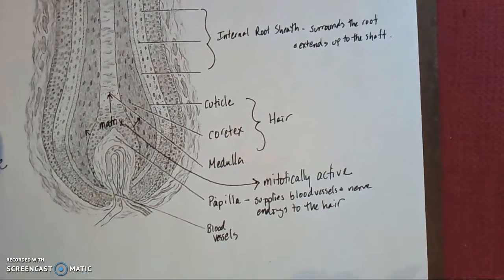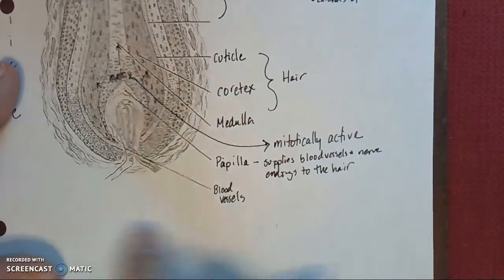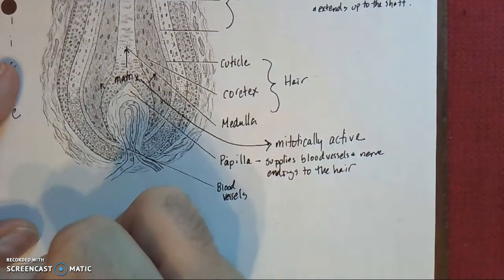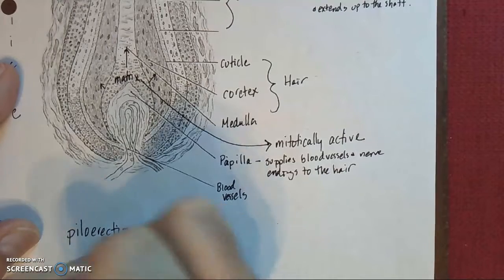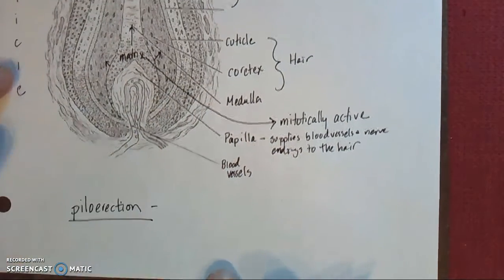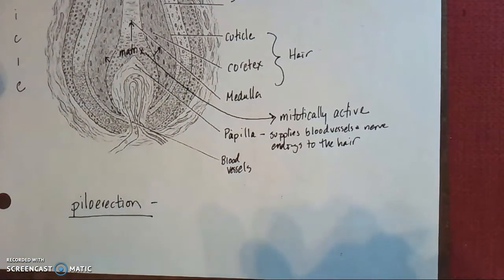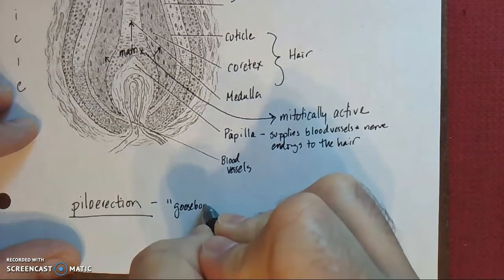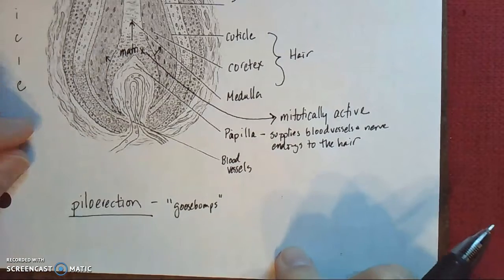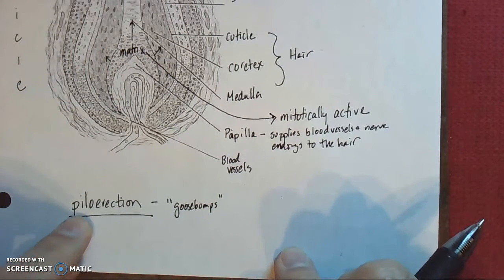The last thing that we'll add about hair is right down here, and that is piloerection. Piloerection is just simply what we call goosebumps, but it's the medical term for it. Pilo or pili refers to hair.